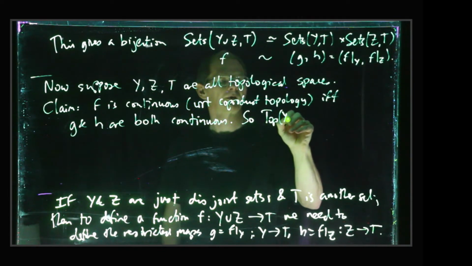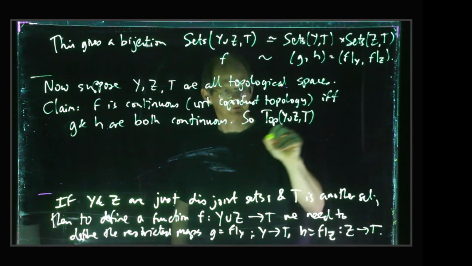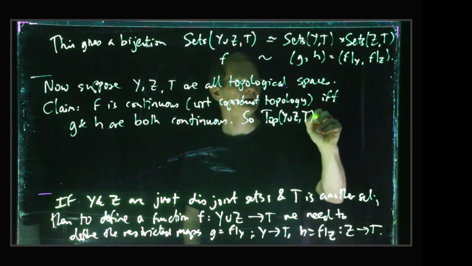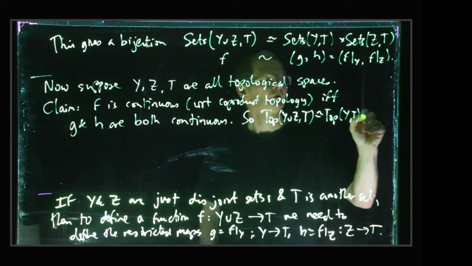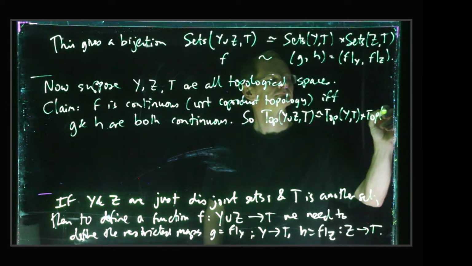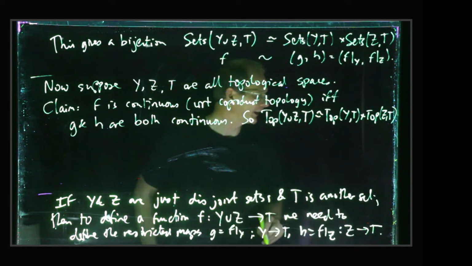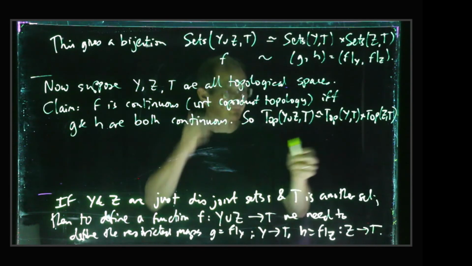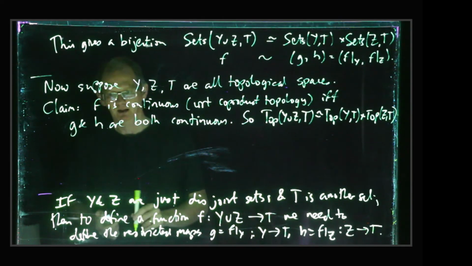So that means that the set Top(Y union Z, T) of continuous maps from Y union Z to T bijects with pairs Top(Y, T) cross Top(Z, T). So a continuous map from Y union Z to T just corresponds to a pair of continuous maps, one from Y to T, one from Z to T.